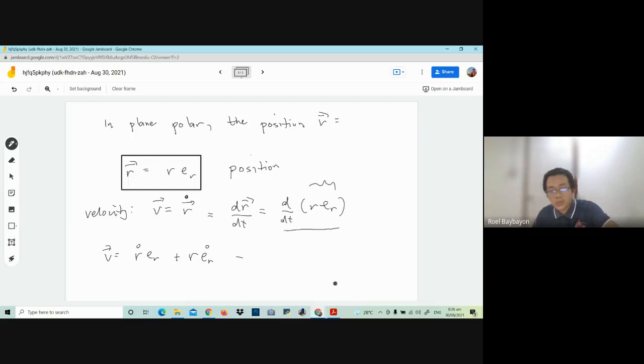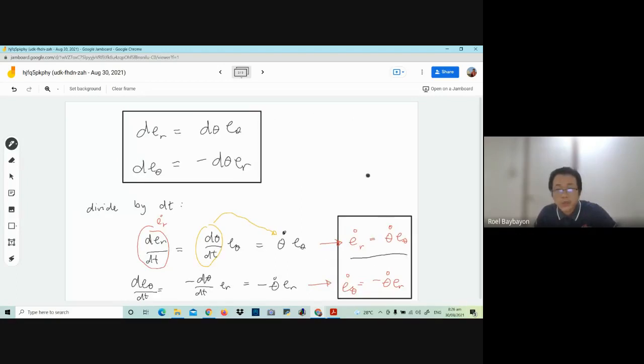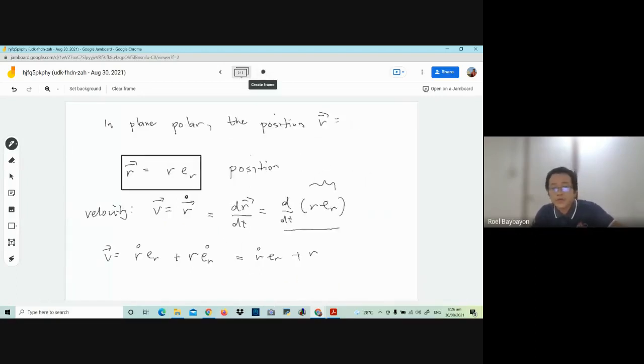So if you expand this, we have r dot e_r plus r times e_r dot. And e_r dot is just equal to theta dot e_theta.